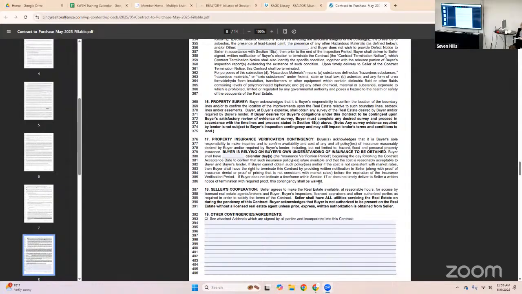So we had a client that did go to court over that particular section because they canceled on the reason of not liking the insurance, and they walked away from the deal, and the seller refused to give the earnest money back. So the buyer said, well, you know what? I'm not going to wait 2 years, which you do have to wait 2 years to get your earnest money back in Ohio if everyone does not agree on giving the earnest money back.